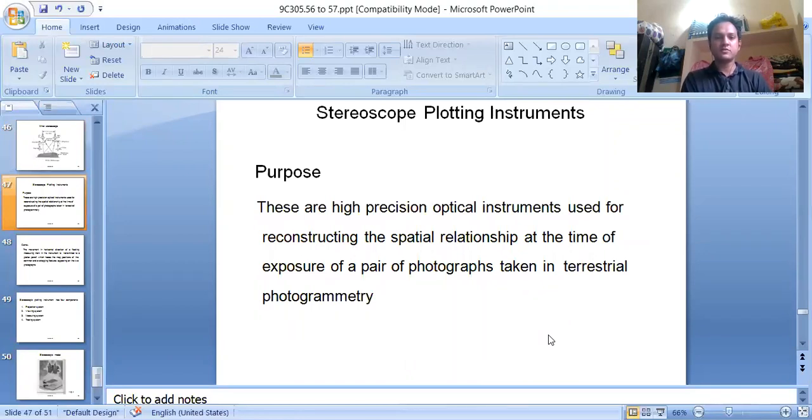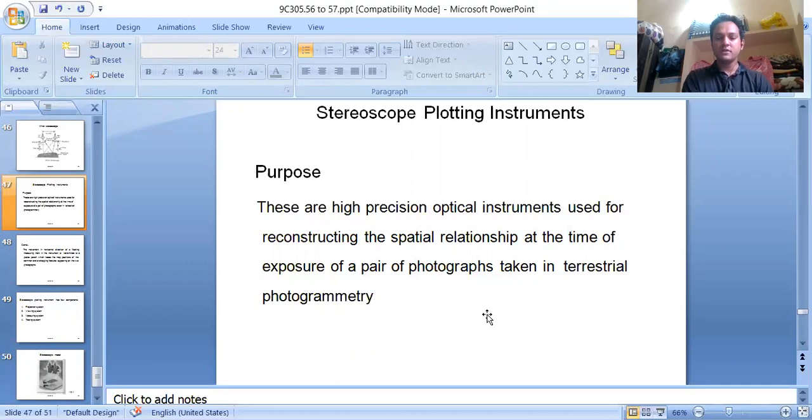The stereoscopic plotting instruments are high precision optical instruments used for reconstructing the spatial relationship at the time of exposure of a pair of photographs taken in terrestrial photogrammetry. In terrestrial photogrammetry, we may take different pictures from top angles, where we need to fuse them to get a single picture so that we will get the information.